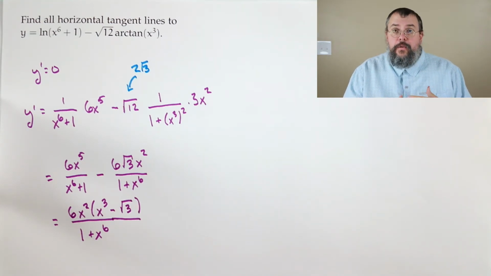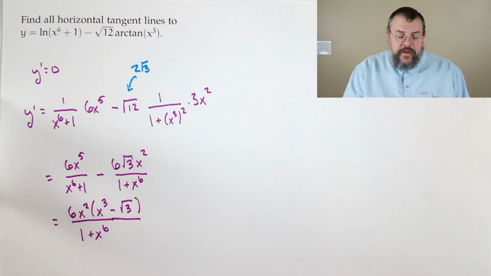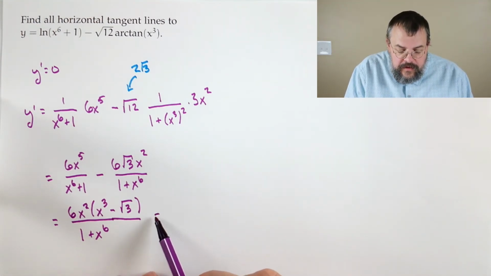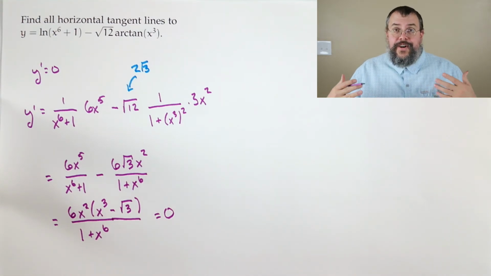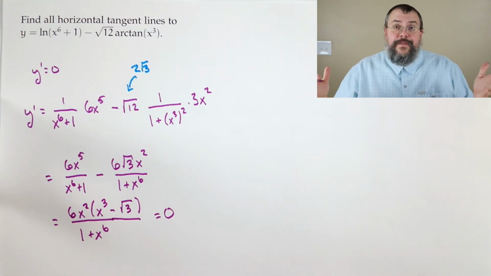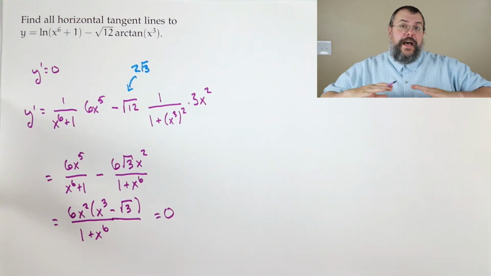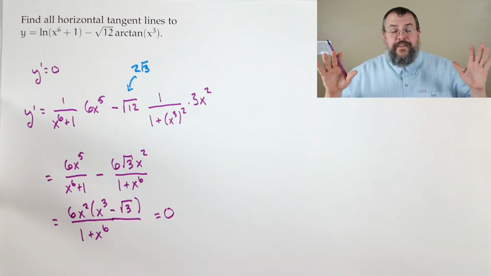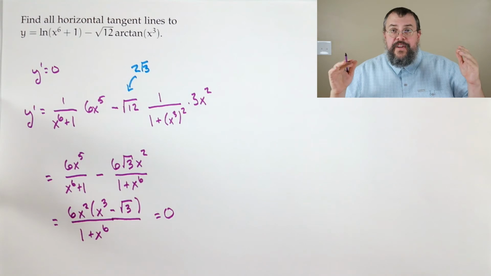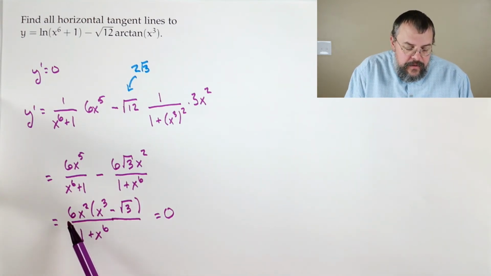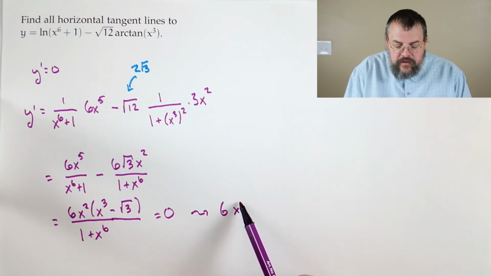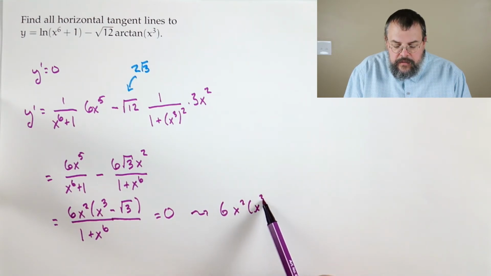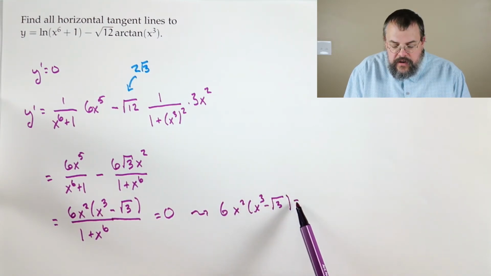Well, we need to know when is this equal to 0. So we set this equal to 0. The denominator will never be 0. X to the 6 is always greater than or equal to 0, and 1 plus makes at least 1. So we don't have to worry about any potential division by 0 headaches. So we look upstairs. Well, that means we really need to have that 6x squared times x cubed minus square root of 3 equals 0.